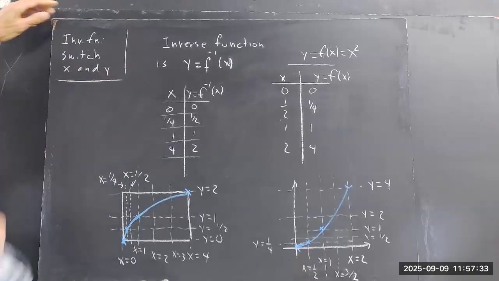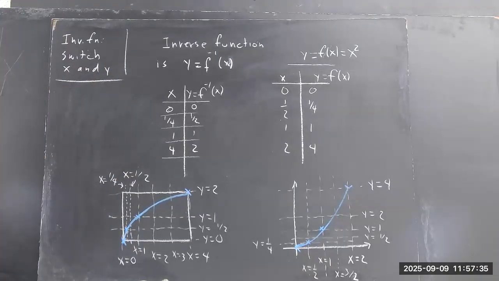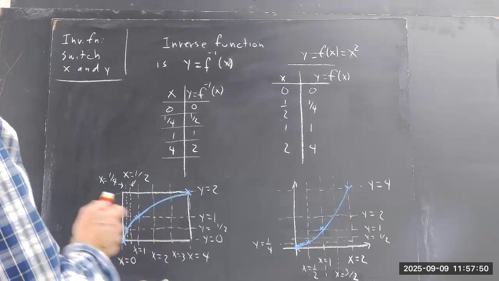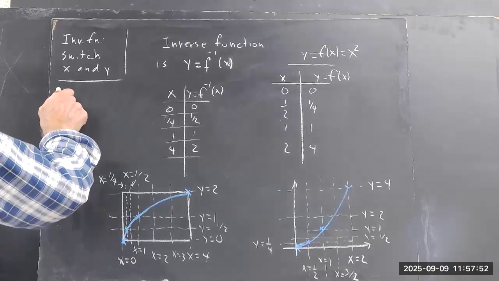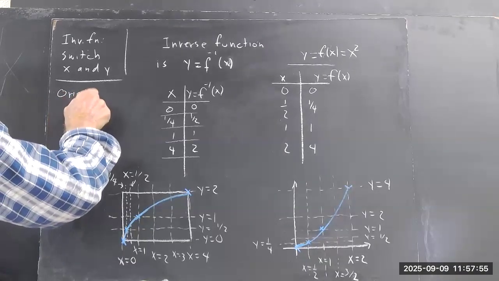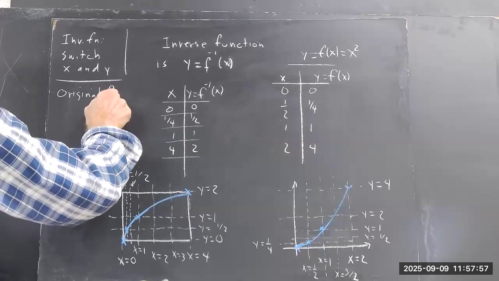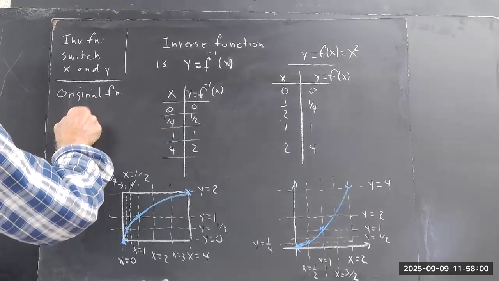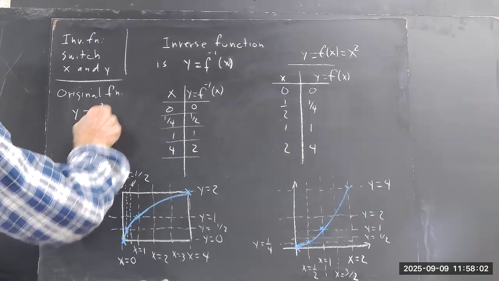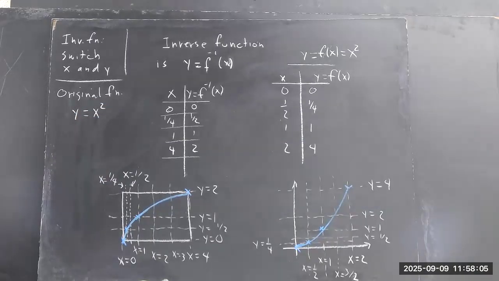So for an inverse function, we switch x and y. And that's what we just did. Does that make sense? Okay. Now, we're going to do just a little algebra. We're going to take the original function, and I'm just going to write the formula for it without the f of x. We know that's the f of x function because we just defined it that way.